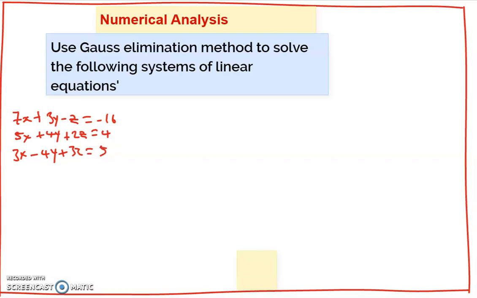So the first thing we need to do here is to write the augmented matrix of this equation. So we write it in the form of matrices. Here we are given 7, 3, negative 1.